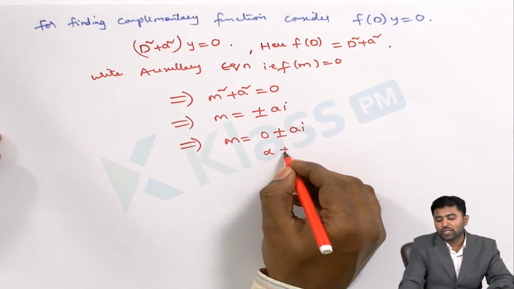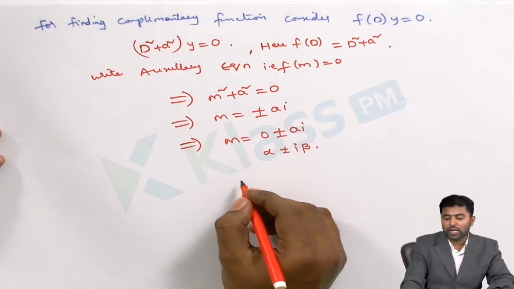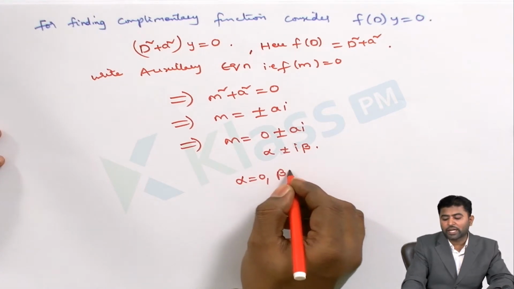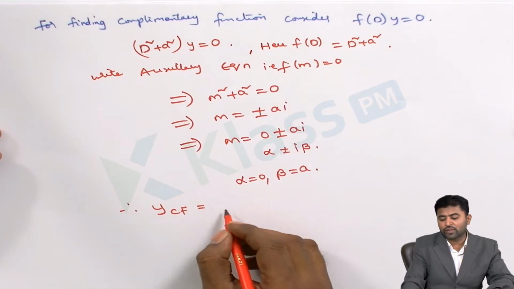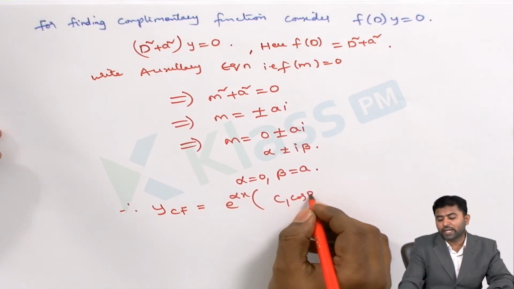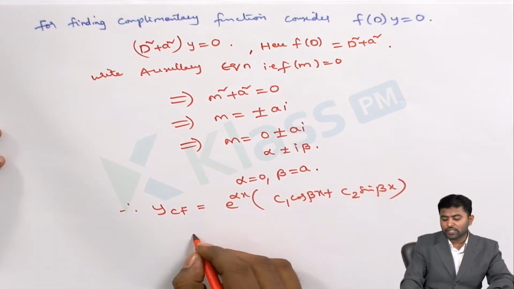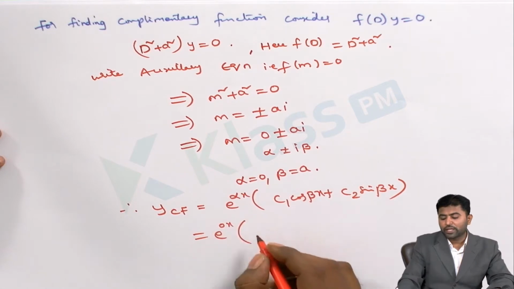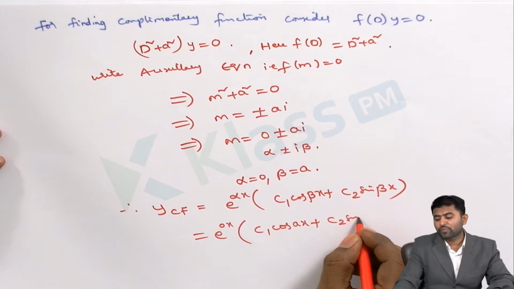So this is of the form alpha plus or minus i beta, where alpha is 0 and beta is a. So therefore, I can write yCF is equal to e power alpha x into c1 cos beta x plus c2 sin beta x. Then this is equal to e power 0x into c1 cos ax plus c2 sin ax.